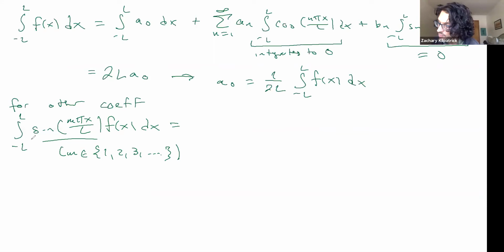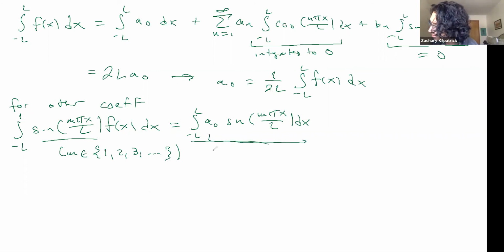then because of the orthogonality of sines, right, first of all, the a0 part, sine of m pi x over L dx, this is going to integrate to 0, okay?